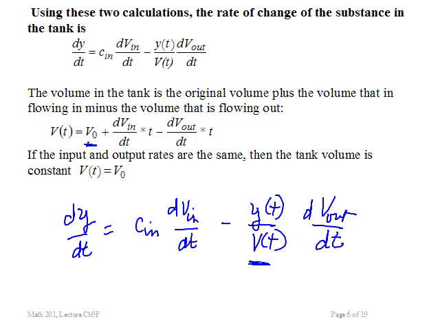You start with the original volume. Here's my tank. Here's a certain amount of liquid in it. So if I have this one pipe as an input here, and there's an output here, this is your output, and this is your input, obviously the volume in the tank is going to change.